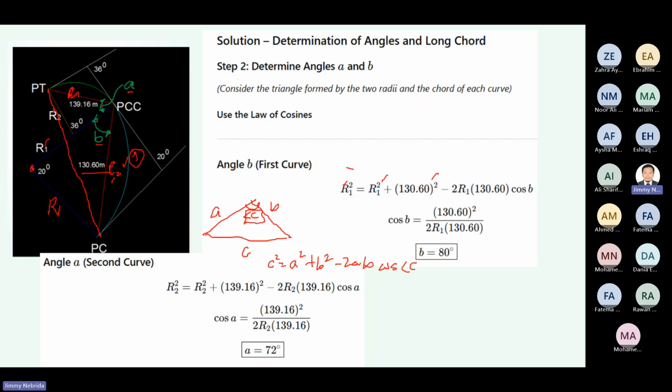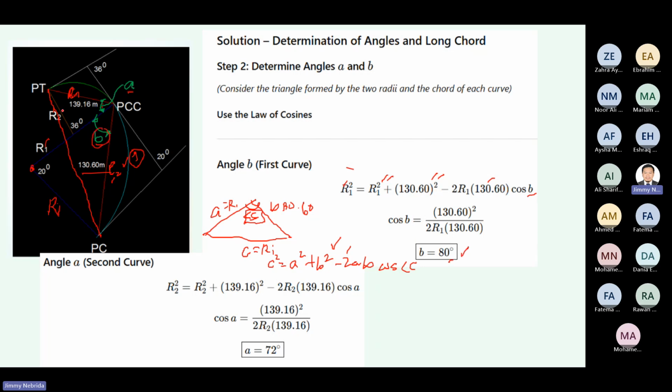Can you follow? Then, using this formula, this is R1, this is also R1, and this one is 130.6. We can substitute here. B here could be the angle C. You follow? So we can calculate here B is 80 degrees.